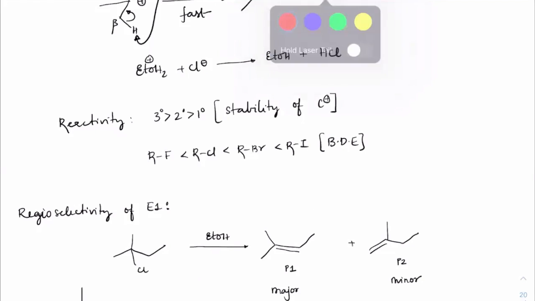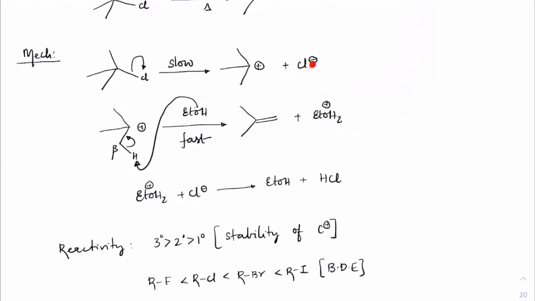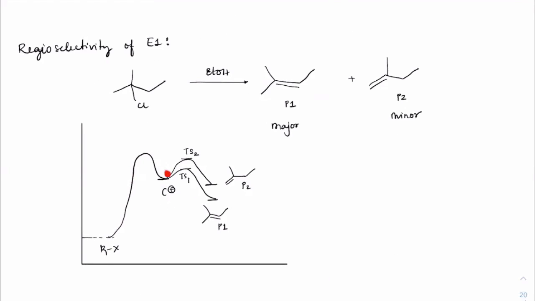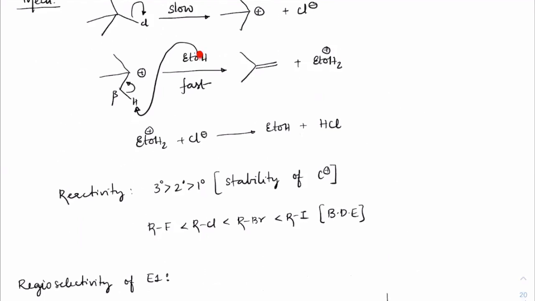Now this is a two-step reaction, right? From the reactant, first an intermediate is forming, this one. And from the intermediate, the product is forming. That is how the E1 mechanism happens. From the intermediate, it has to go to the product, which means it has to go through the second step, where the base will come and extract the proton.